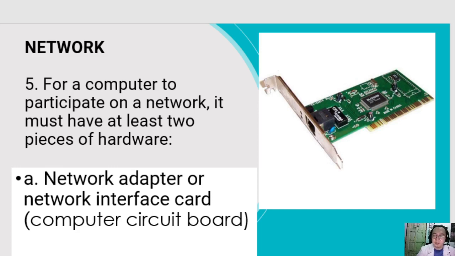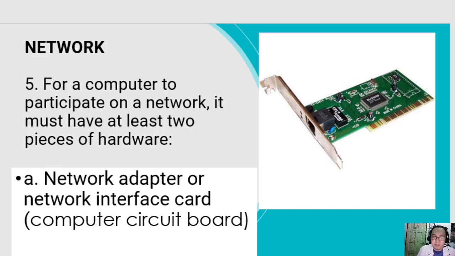For a computer to participate on a network, to be connected, it must have at least two pieces of hardware. One is the network adapter or the network interface card, also known as your computer circuit board. A network interface card is a computer circuit board that is usually installed in a computer so that it can be connected to a network.